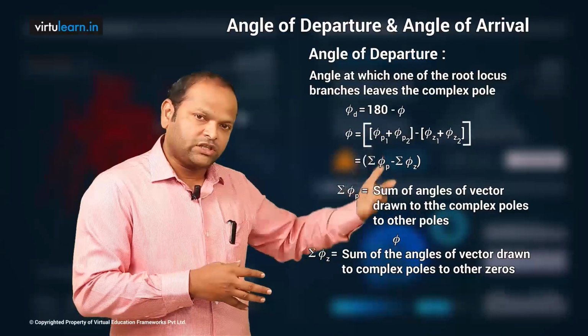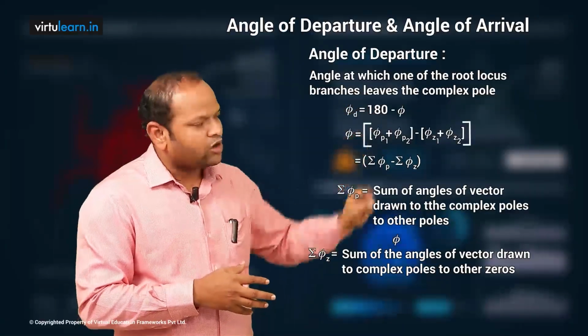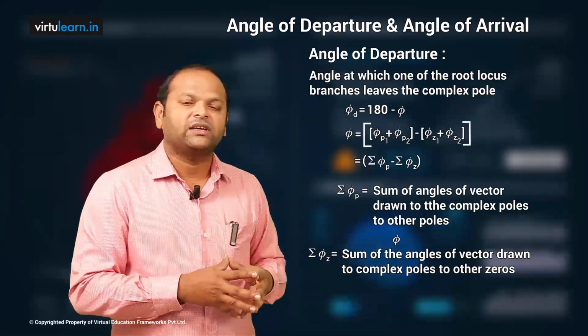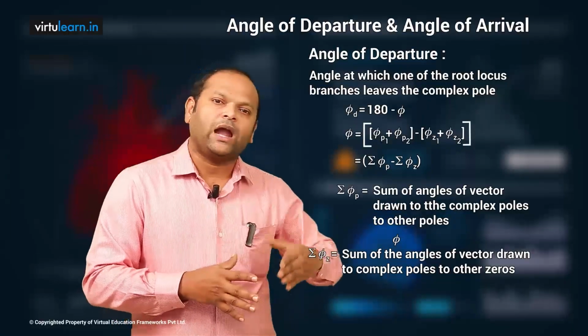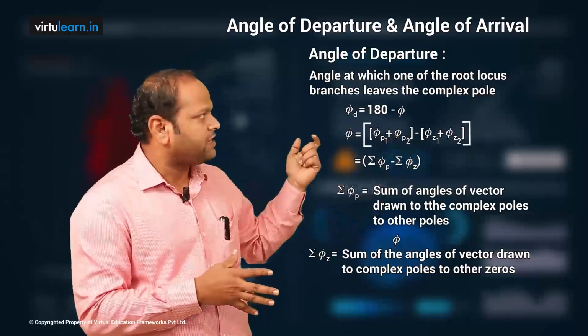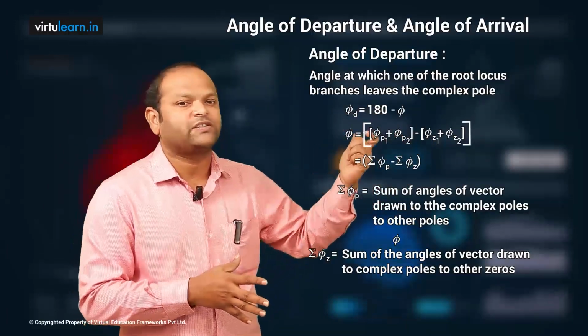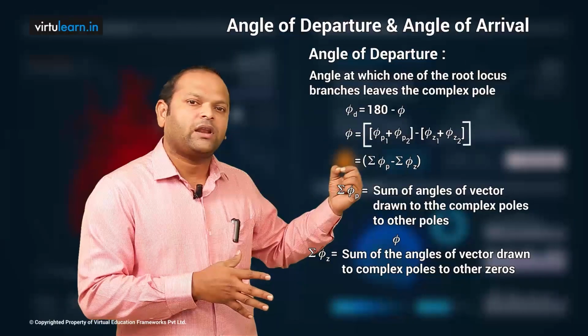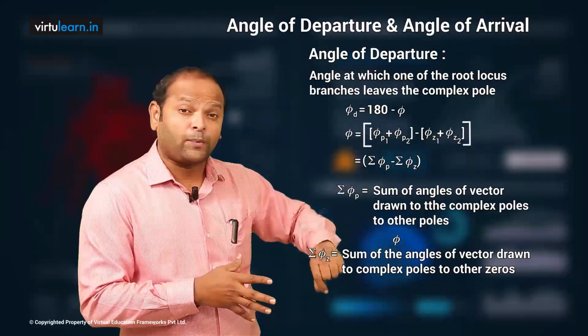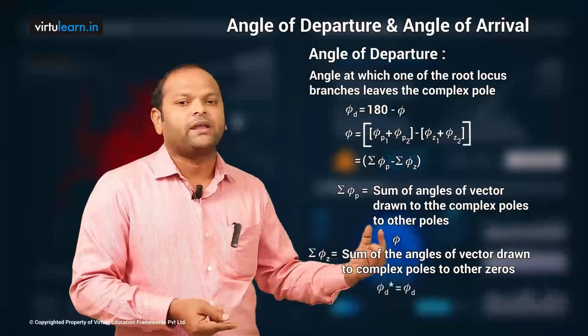You may have poles and zeros in the system. Therefore from the complex pole to all the zeros you draw the vectors, and you add all the angles, sigma phi z. So phi is equal to sigma phi p minus sigma phi z, then phi d is 180 minus phi. This phi d is for one complex pole. There will be another complex pole which is its complex conjugate, and its angle of departure phi d star is minus phi d.